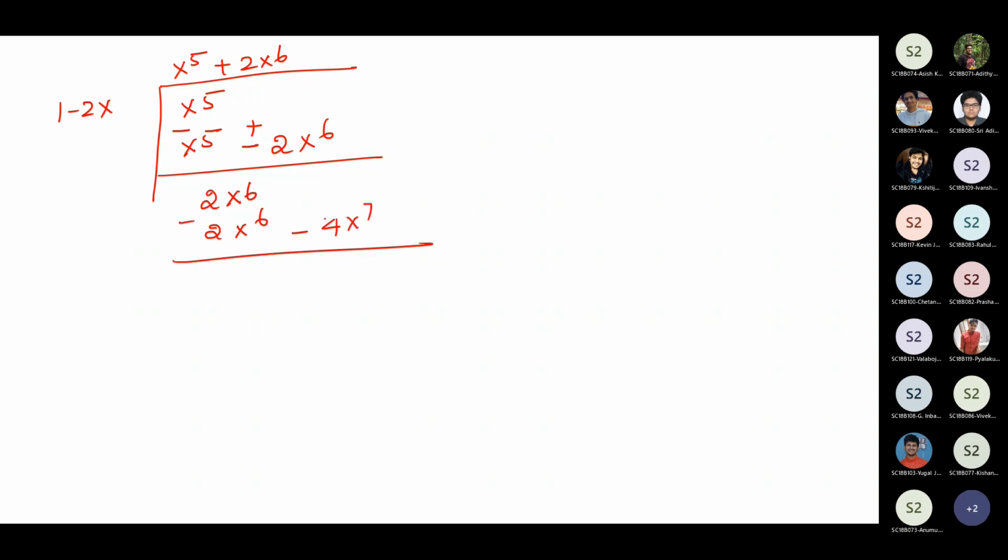Like this way it goes on. We will compute till here. So T of x can be written as x power 5 plus 2x power 6 plus 4x power 7, like this way it goes on.